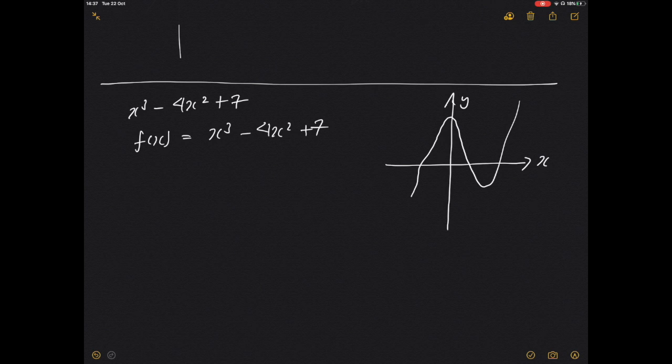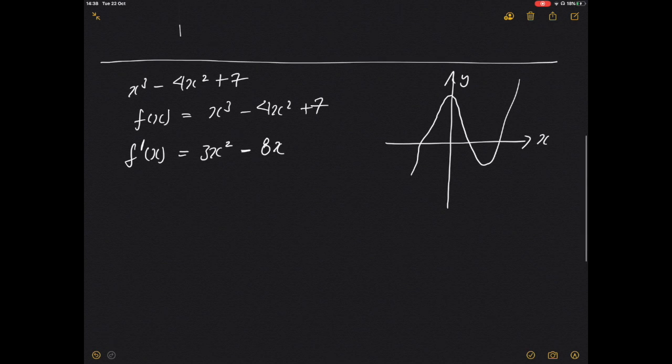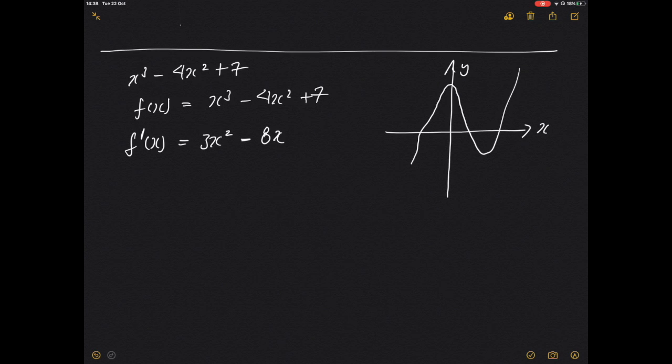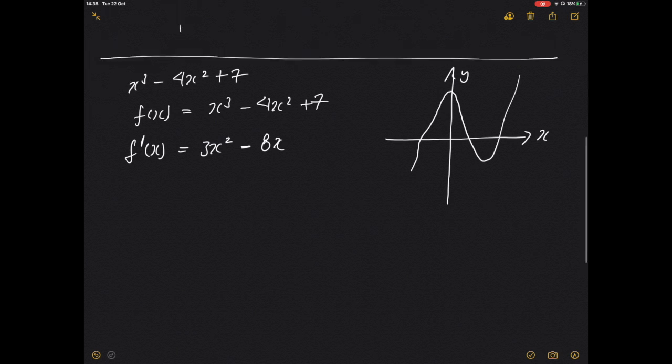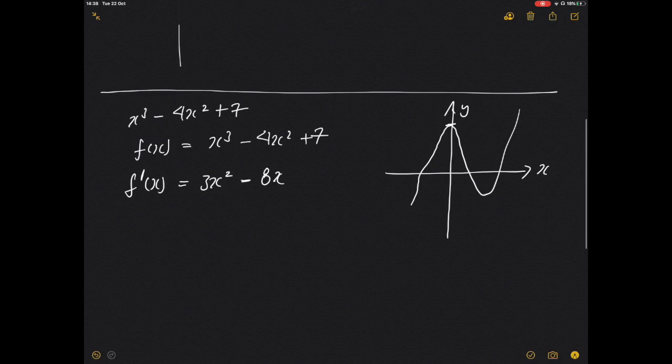So first of all, we can take our first differential. In shorthand for functions, we can just put this little dash here, so x cubed will go to 3x squared. Our minus 4x squared would go to minus 8x, and our 7 would disappear. So what we can now say is, for our f dash of x, or our dy by dx, we want to find the points where it equals 0, here and here.